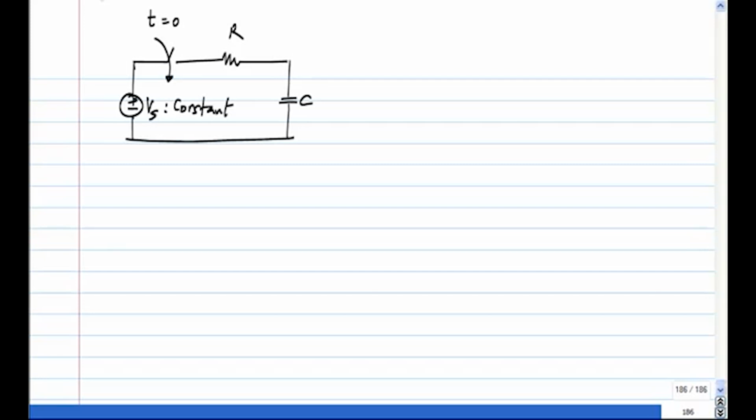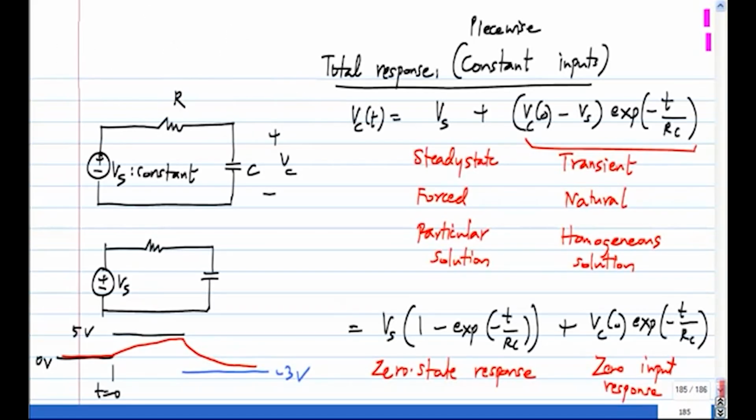So, before t equal to 0, whatever voltage is on the capacitor stays as it is, because no current can flow through the capacitor. That is an open loop. And when t equals 0, this switch is turned on, and you get this Vs, R and C in series, exactly the same circuit as we had before, and the solution will also be the same.